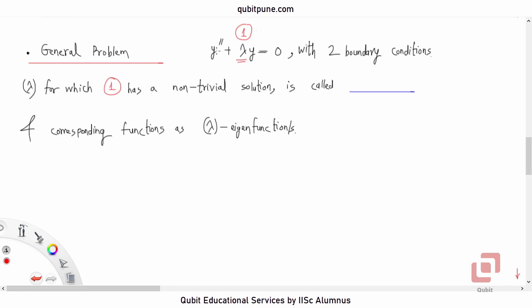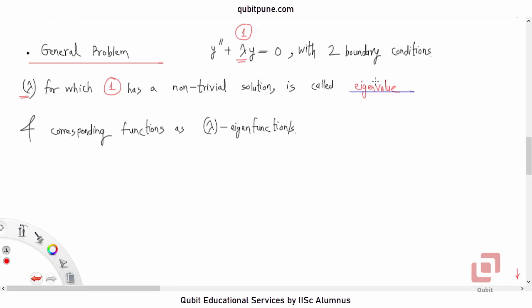So whenever you have a differential equation y double prime plus lambda y equal to 0, I will call those values lambda to be eigenvalues for which our differential equation has a non-trivial solution. I mean, it is guaranteed to have a trivial solution 0, but it can also have a non-trivial solution, and whenever it has, we call it an eigenvalue.